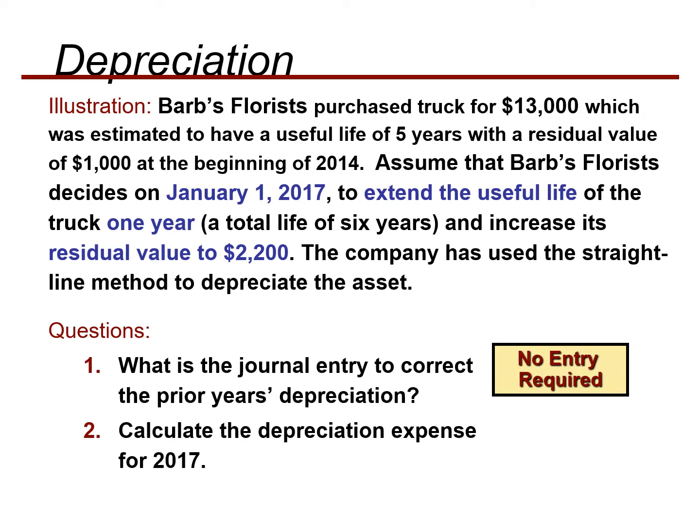He had estimated 5 years, and now he thinks he can use that truck for one more year, and increases its residual value to $2,200. The company has used the straight line method to depreciate the asset. The question is: what is the journal entry to correct the prior years' depreciation and calculate the depreciation expense for 2017?